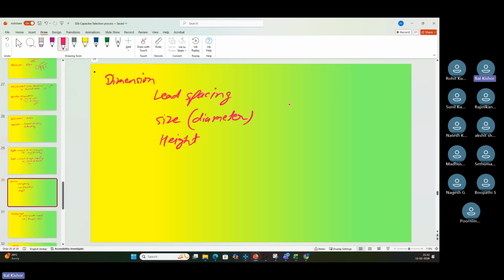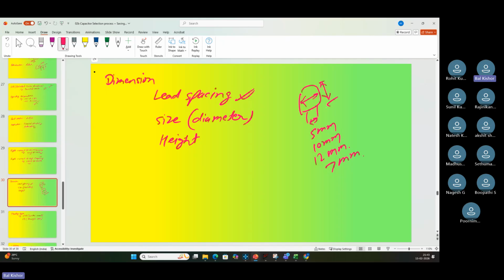About the dimension, mainly the capacitor will be there. So what is the lead distance between them? That is your lead spacing. It can be like, let's say 5 millimeter or 10 millimeter or even 12 millimeter. Even 7 millimeter will be there, most commonly. Size is diameter. This complete value is diameter, and what is the height?